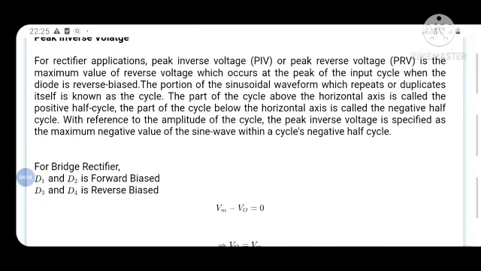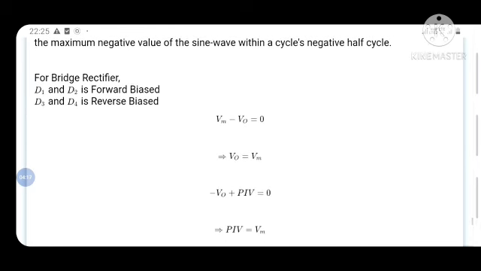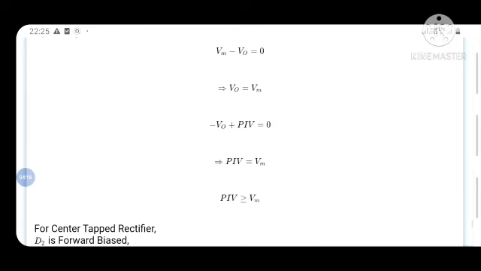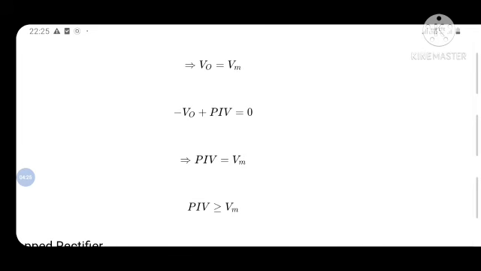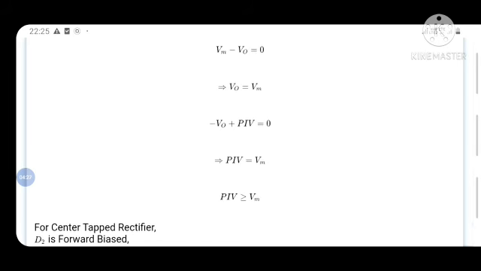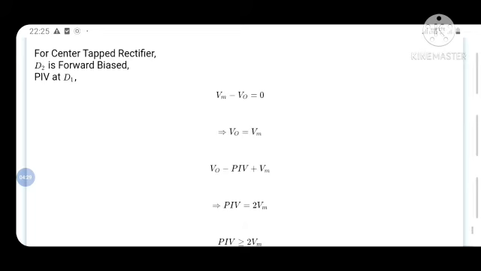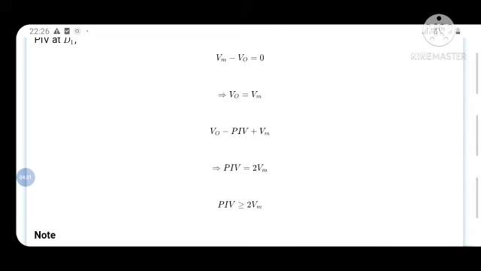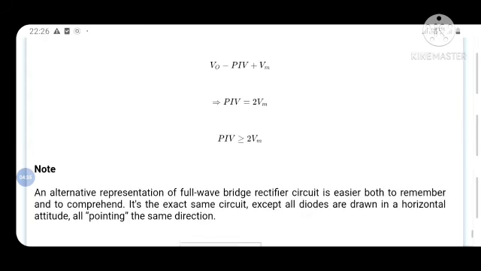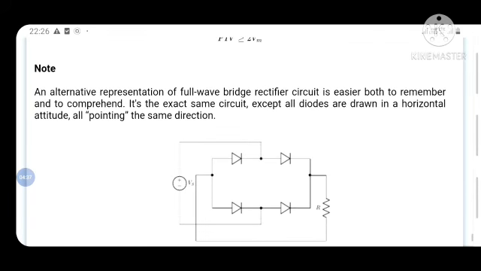As you know, the peak inverse voltage is the maximum voltage appearing across the diode or a number of diodes when the diode is not operating. So here you can see PIV is 2 into Vm. This is the bridge rectifier circuit. You can read the note part.